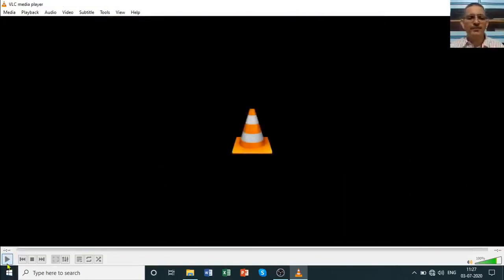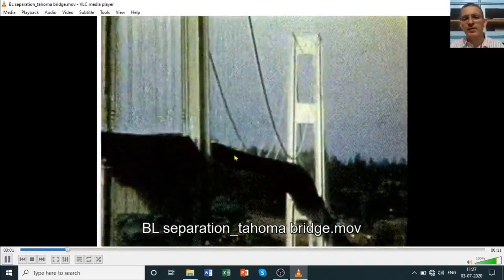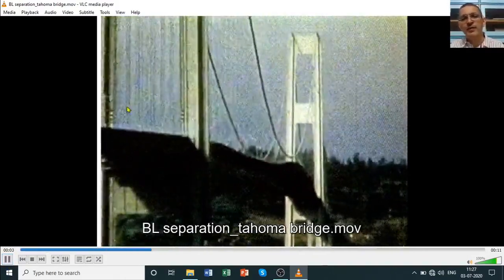This is just because of the flow of wind at high pressure and high velocities around the bridge. This is the direction of the bridge, and the wind is coming perpendicular to these two towers, and that's what causes this motion.